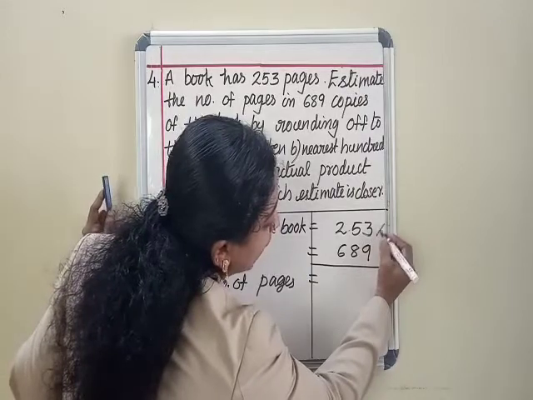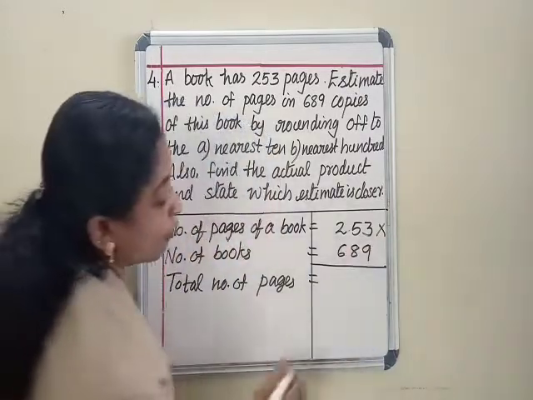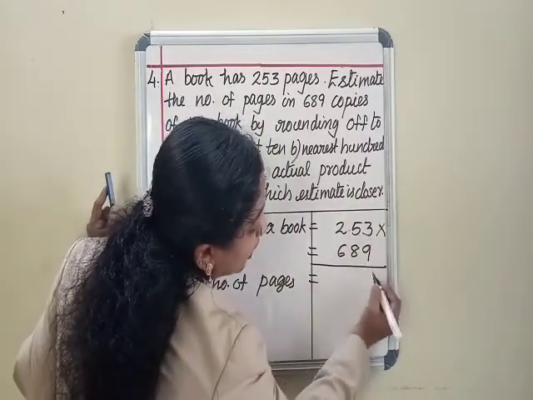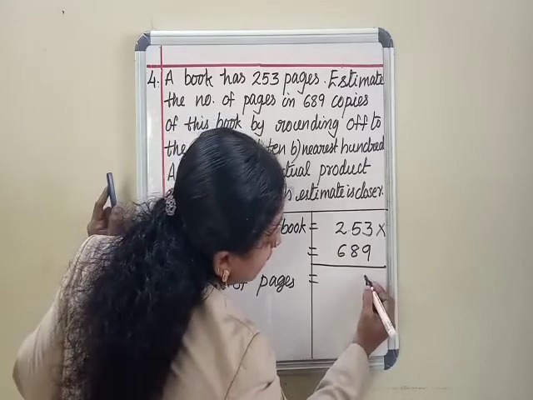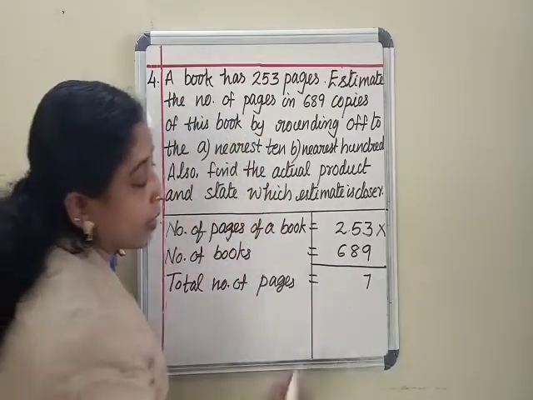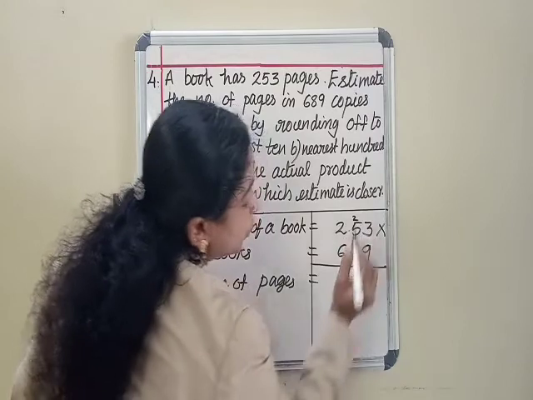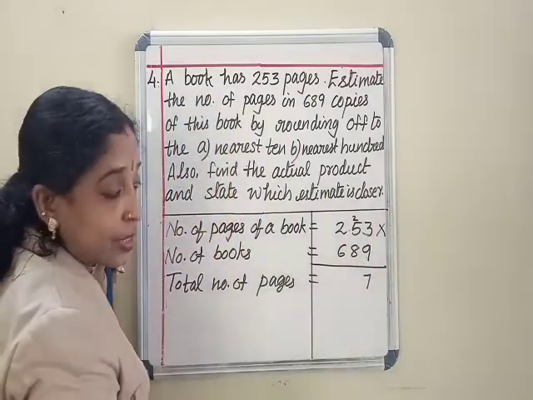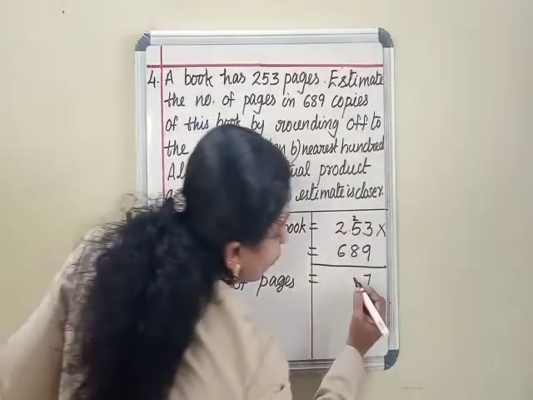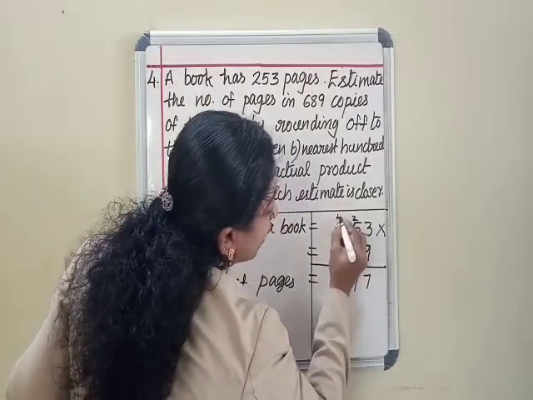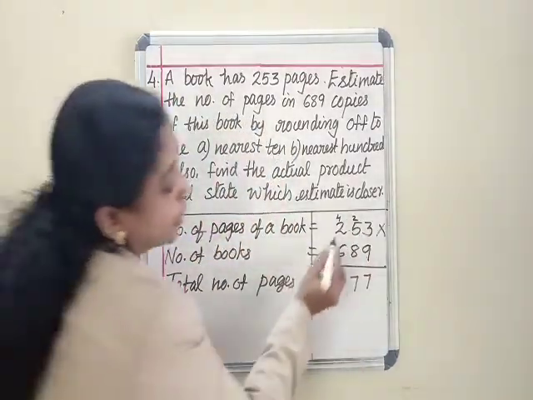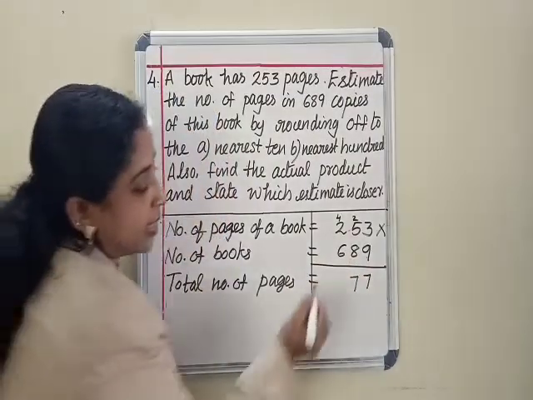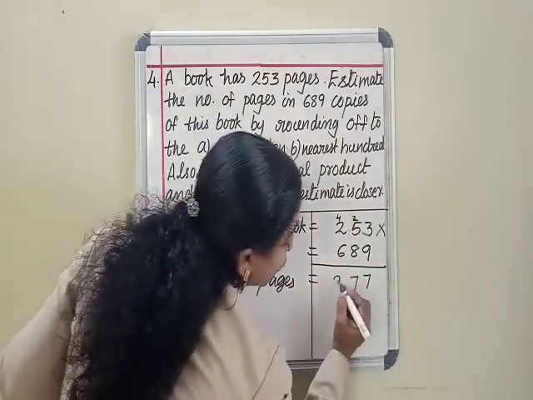First we multiply by 9. 3 9s are 27. Above we can write 2. 5 9s are 45 plus 2, 47. Above we can write 4. Then 2 9s are 18. 18 plus 4, 22.